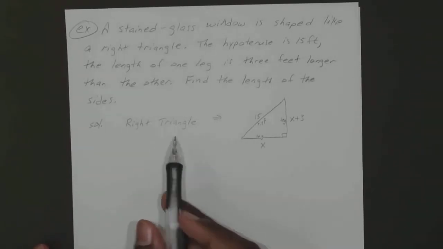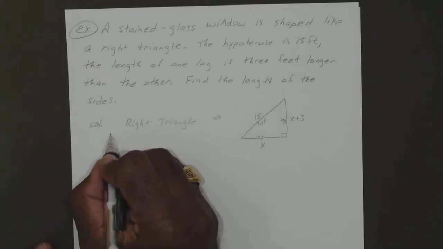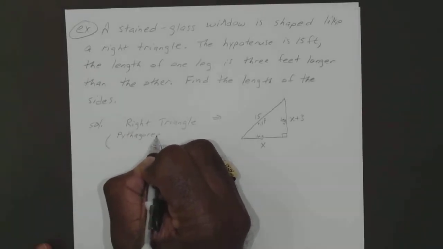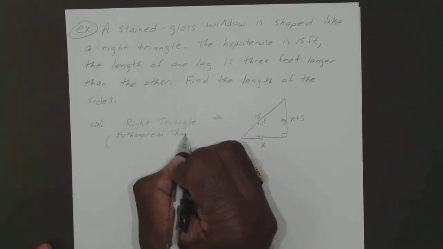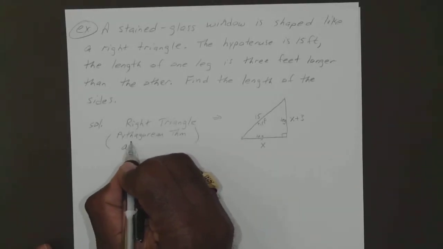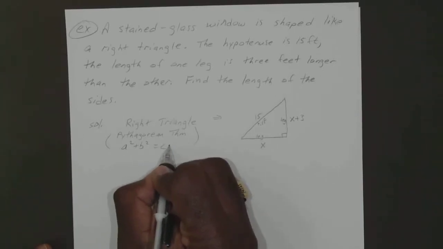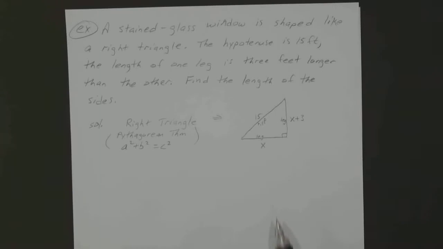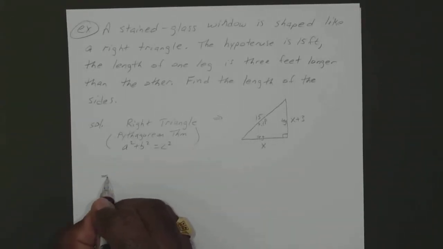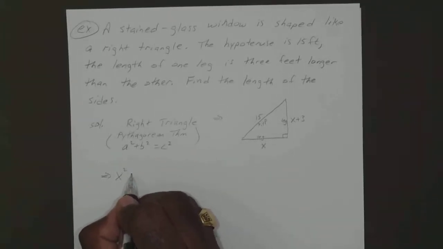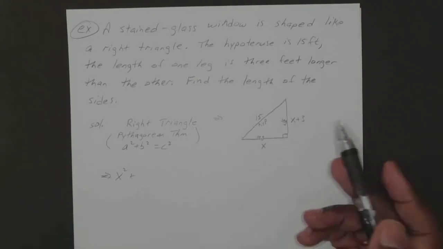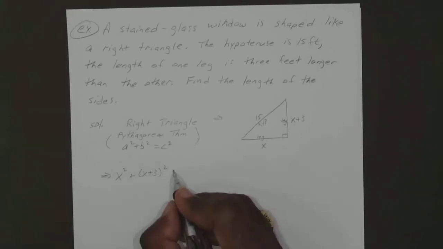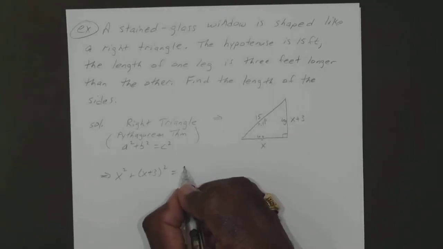So we know whenever we have a right triangle, we can always use the Pythagorean theorem, which is a squared plus b squared equals c squared. So that means we have x squared plus (x plus 3) squared equals 15 squared.